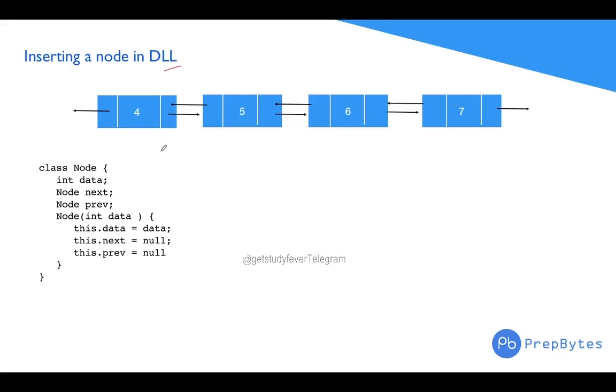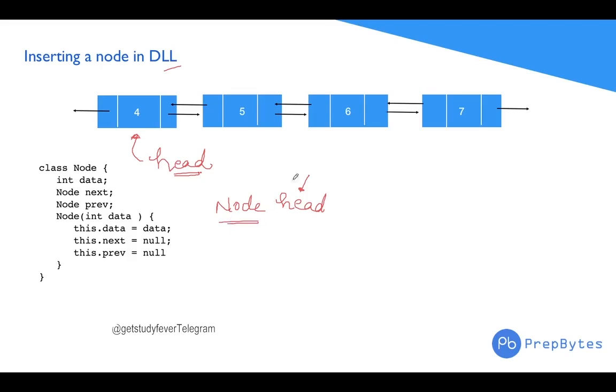Just like in case of singly linked list, here also we have a head which is pointing to the first node of the DLL. So head will again be of type node, so we will have node head. This is an object variable which is going to point to an object of type node. So this head always points to the first element of the linked list.